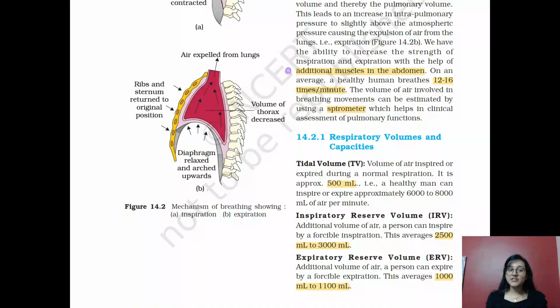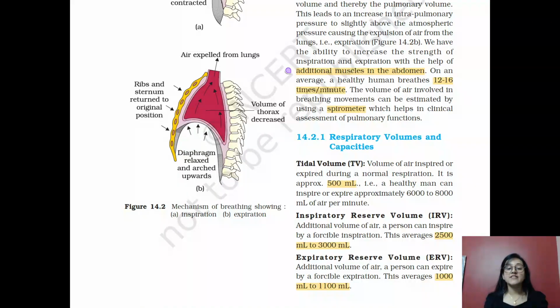So in a minute we are inspiring 12 into 500 ml, that is 6000 ml of air per minute. And if we consider the upper limit, that is 16 times per minute, then it becomes 16 into 500 ml, that is 8000 milliliters of air per minute. That's written here only. A healthy man can inspire or expire approximately 6000 to 8000 milliliters of air per minute.